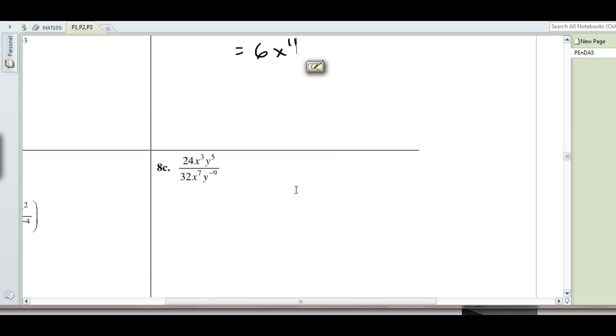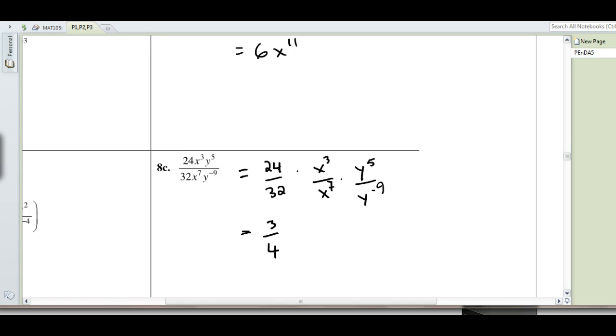8c, very similar, but we're going to have to use the subtraction rule instead of the addition rule. So we're going to start by doing 24 over 32, and then I'm just going to separate these into 3 different parts, but we can put them all back together at the end. So x to the 3rd over x to the 7th, and y to the 5th over y to the negative 9th. So we have 24 over 32, that is the same as 3 over 4 if you simplify it.